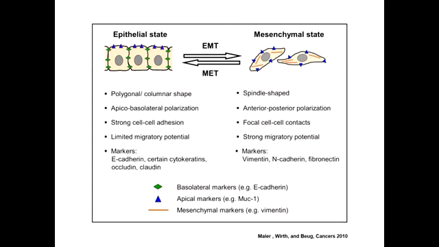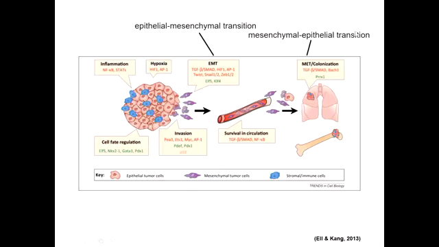Why would a mesenchymal cell want to become epithelial again? Great question. When you get to this location, you're trying to find a home, in a sense. You have to stop migrating. This is part of your programming at the moment as a mesenchymal cell, as I'm moving. If you try to take up residence in a location, let's say on a lung, you're not able to stick to anything.